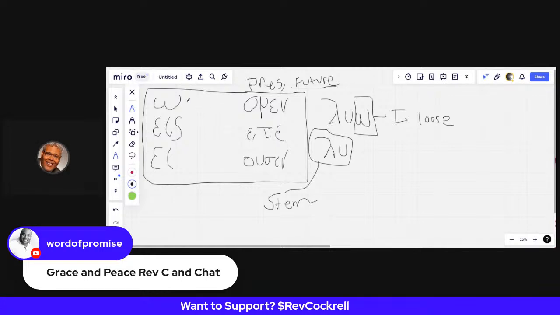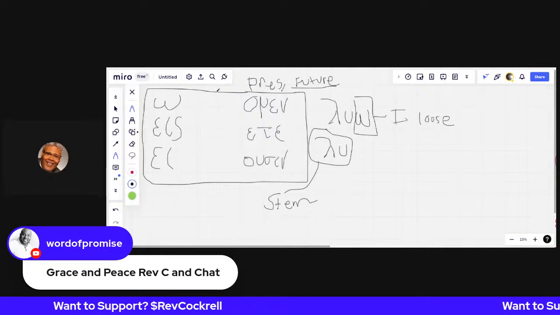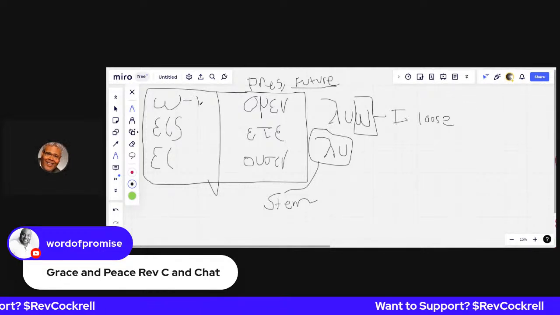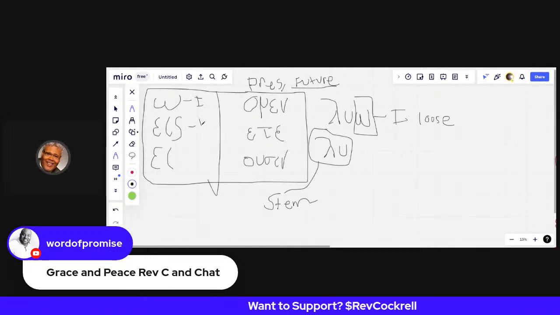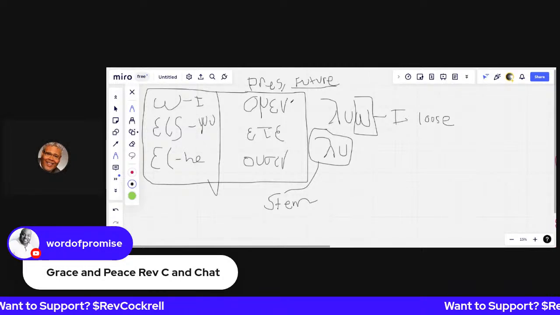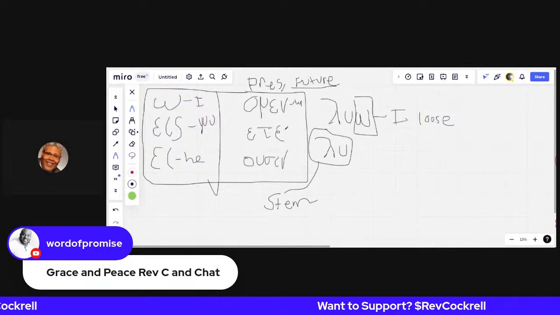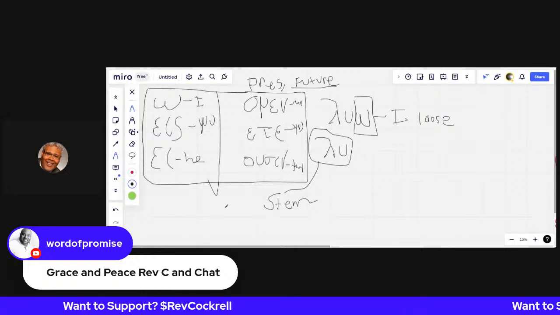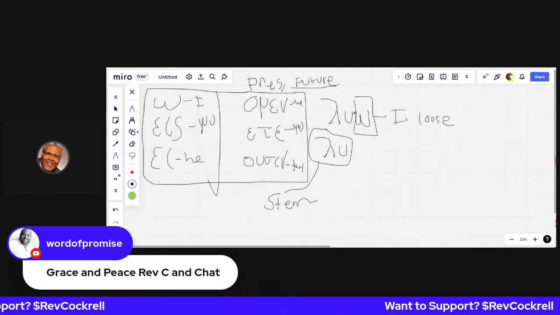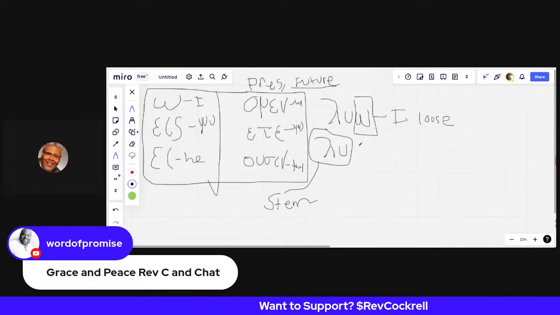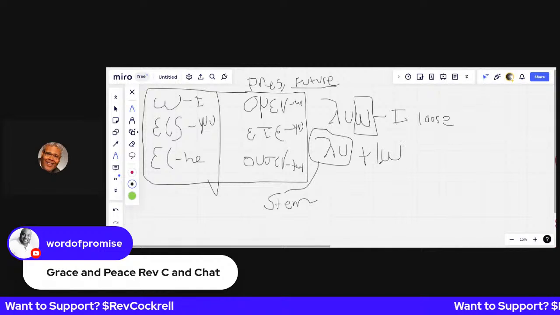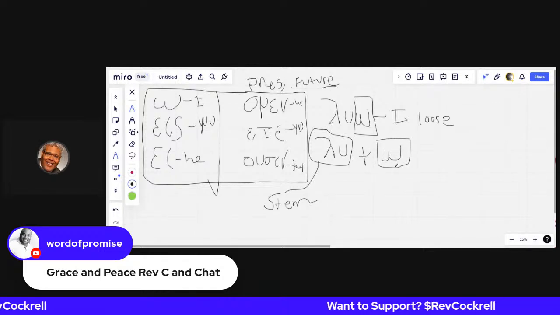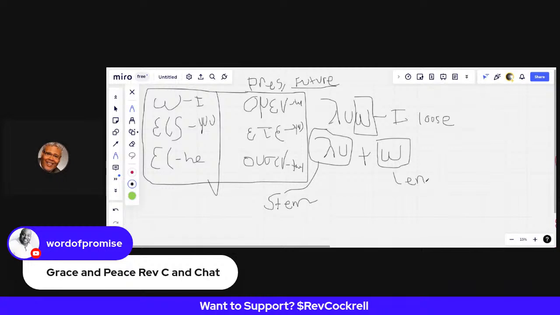It tells you first person singular is doing this. So I, you, he, she, it, we, y'all, they. So the present tense is just your stem plus your ending.